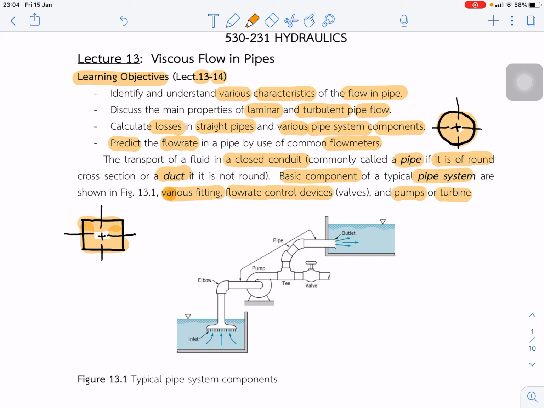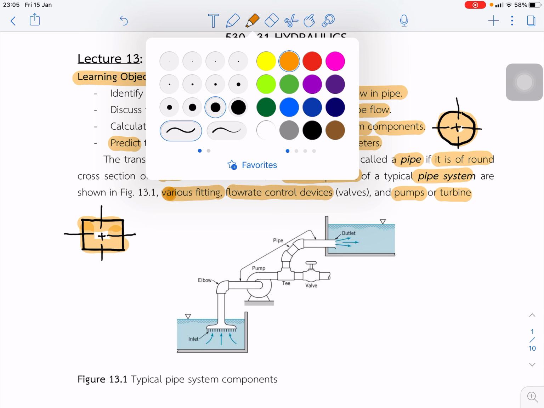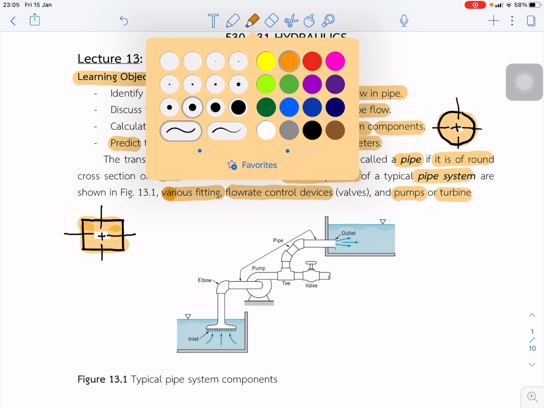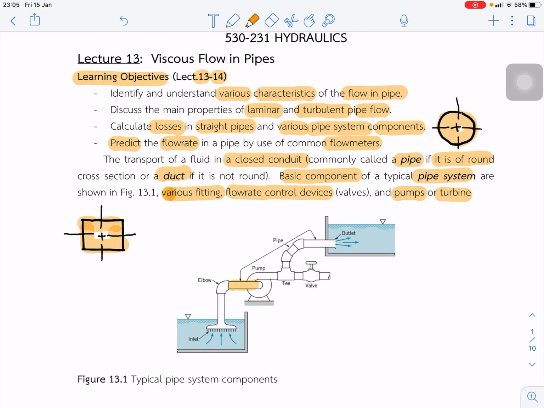Okay, this part we call the straight pipe. So this part is a straight pipe. And this part is also a straight pipe. This is a straight pipe.